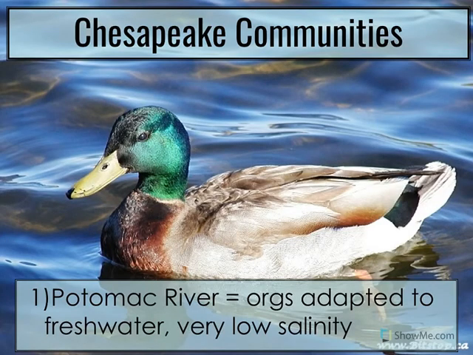So let's take a look at the different communities that make up this ecosystem. So here we have the Potomac River. This is a community that is made up of fresh water, and it is dumping the fresh water out into the ocean. And low salinity means low salt content.